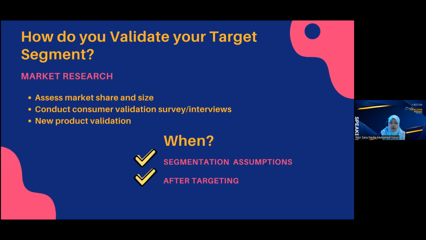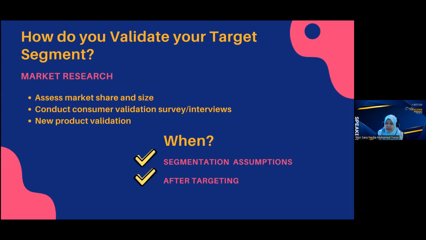Right, talking about marketing research here, when is the best time for us to conduct our market research when it comes to defining our target population? When do we conduct it? The best time to conduct your market research is during segmentation assumptions building.